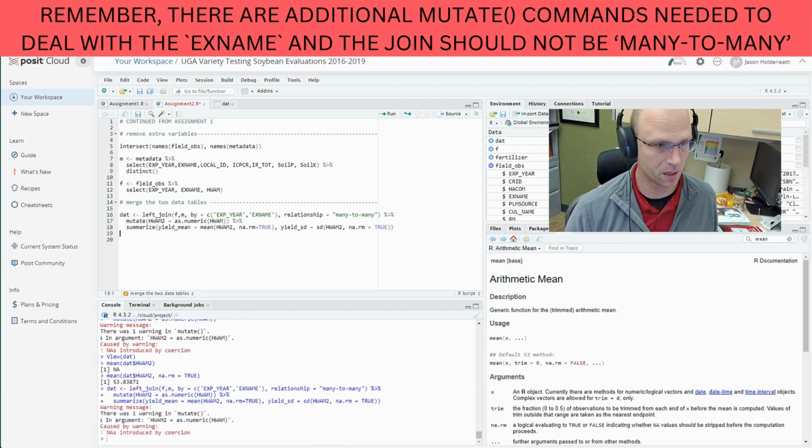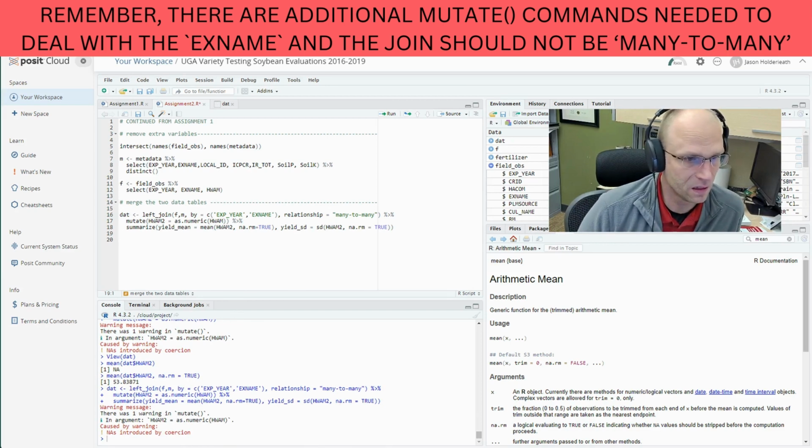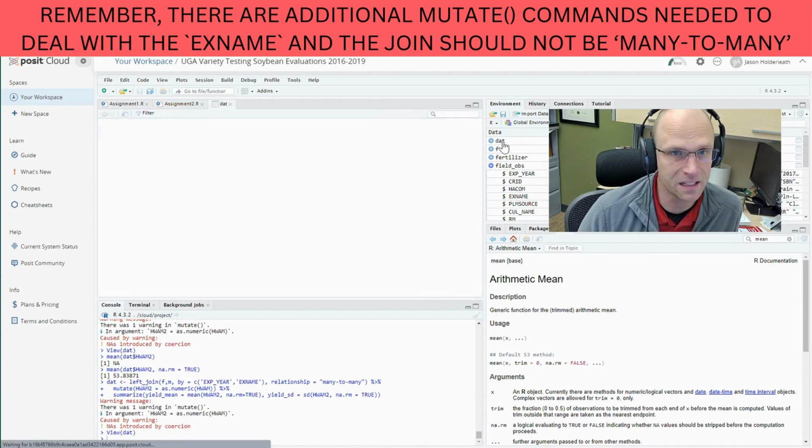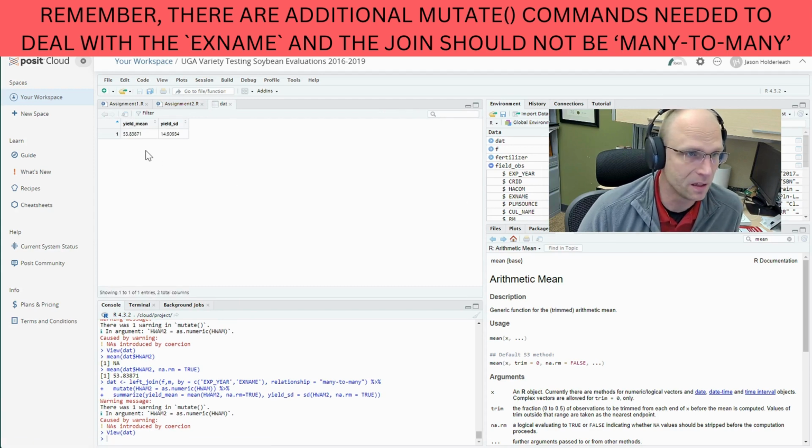Let's see what we have. By saving it, now dat is my summary data frame, and that's okay.